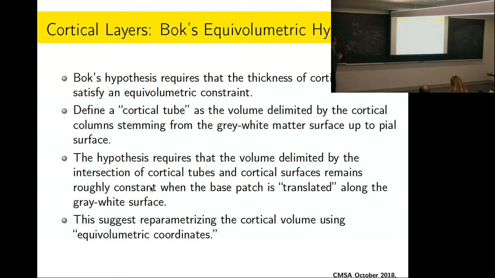So, describing this equivolumetric hypothesis: if I take a piece of surface, let's call it sigma here, on the bottom surface, I can follow the streamlines that start from sigma, and what I get is some volume, which I'm going to call a cortical tube.